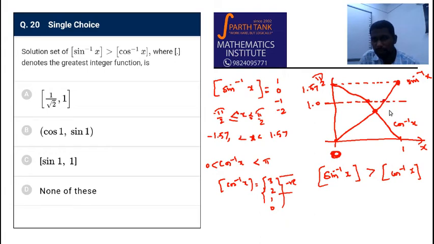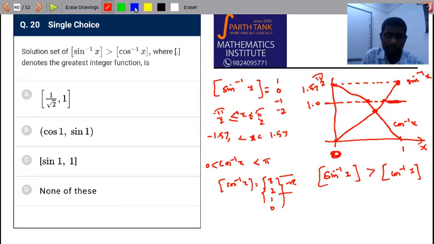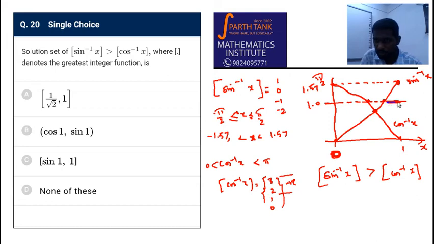This is sine inverse of x is equal to 1.0. So above this point, sine is going to have, I'll use another color for the box function, this is box of sine x. And here it will be a discontinuity, and it will be like this, 1 and 0.